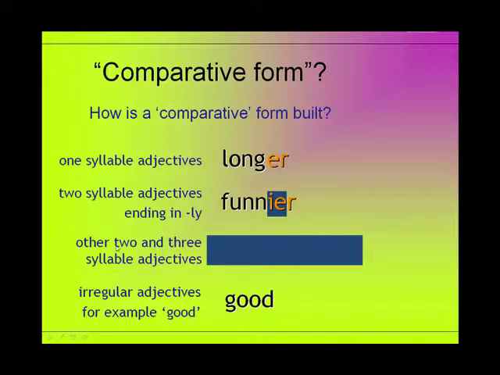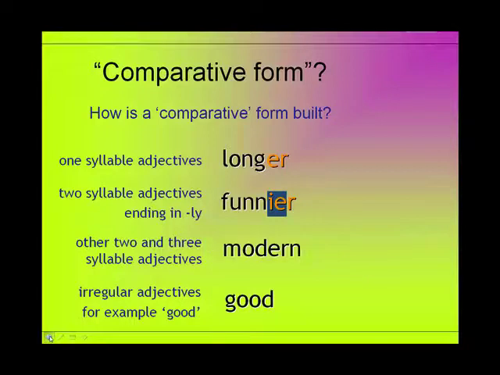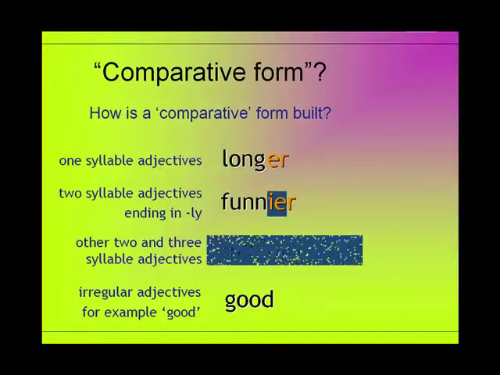If you have an adjective such as modern, which is two syllables, in order to compare it with something else, you need to add more before the adjective, and the adjective doesn't change. More modern.